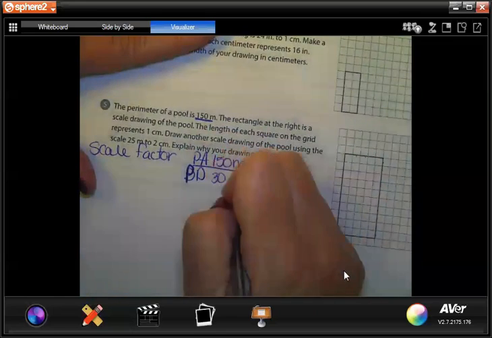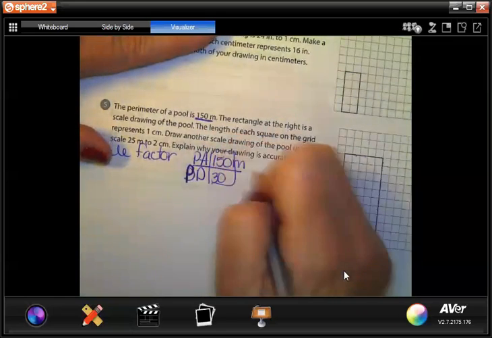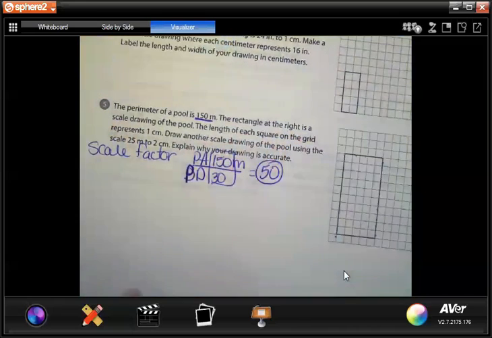If we divide those, there's my scale factor.